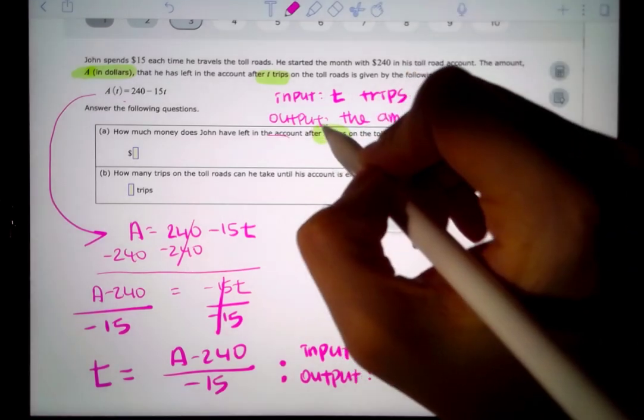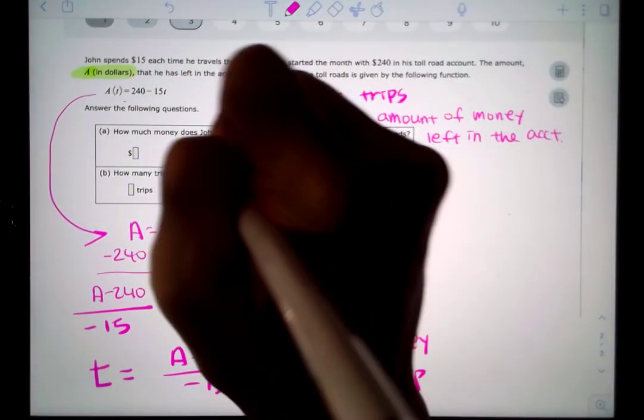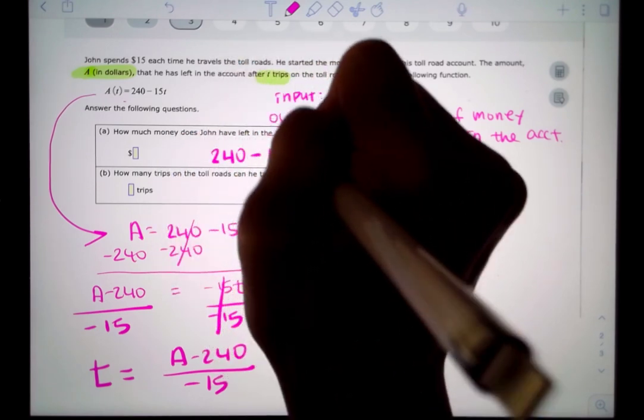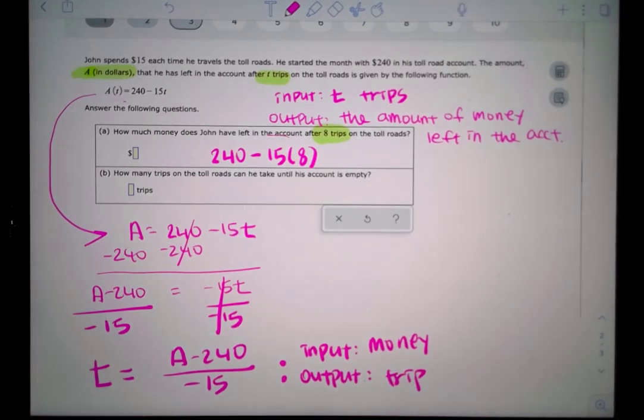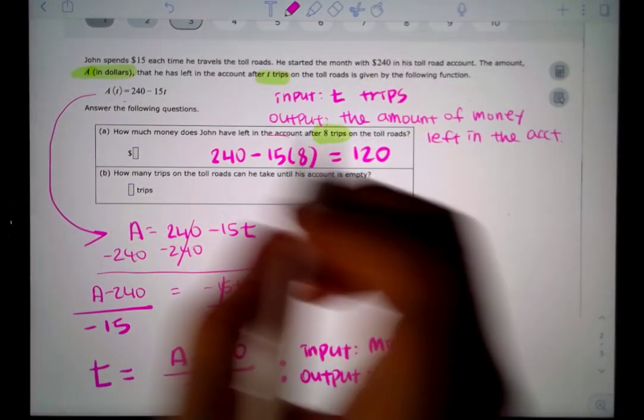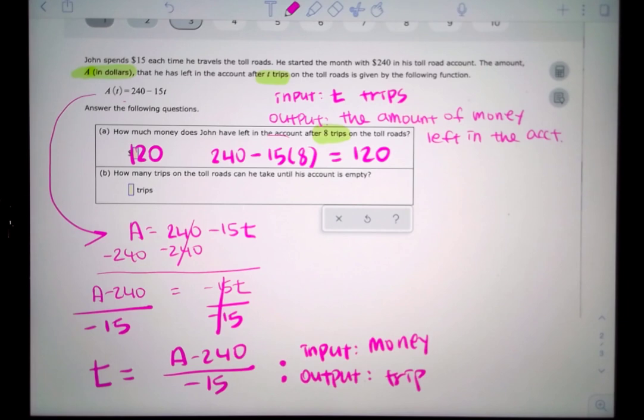So you put this 8 into T. So guys, for this one, you do 240 minus 15 times 8. If you do it, then you get 120. Okay, so he has $120 in his account after 8 trips.